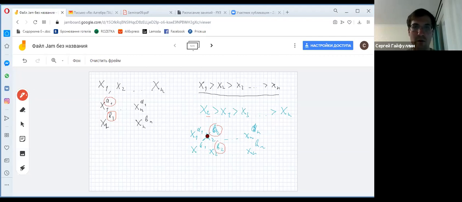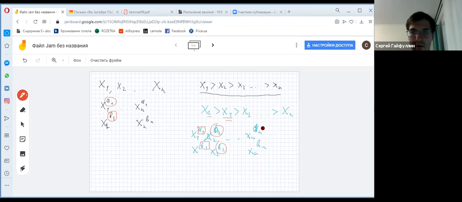If they are equal, then the next one is x1, and on the second step I look at a1 and b1. But if a2 is bigger than b2, then the first monomial is bigger than the second, and it does not depend on a1 and b1.